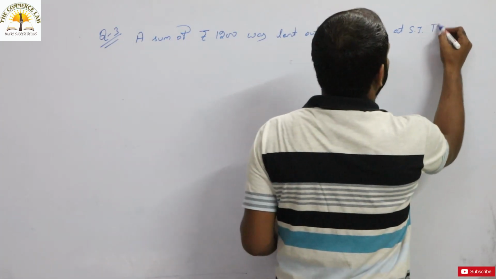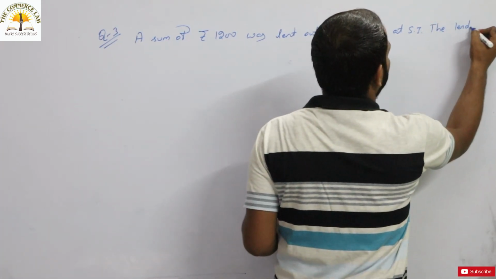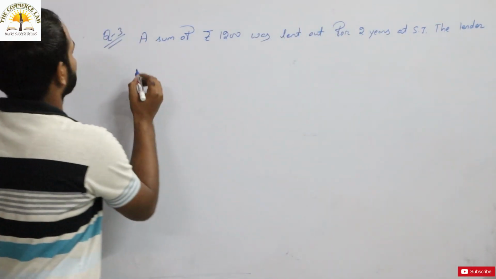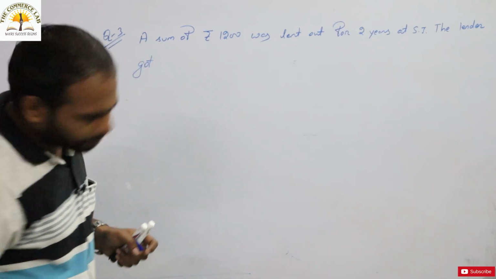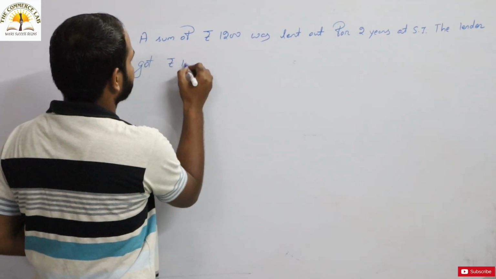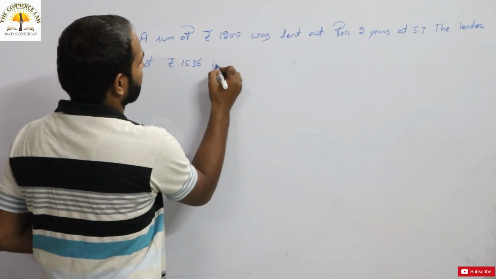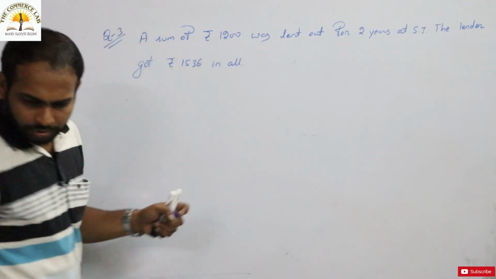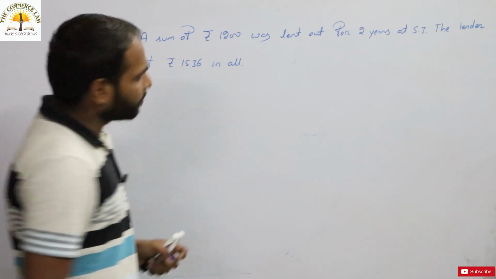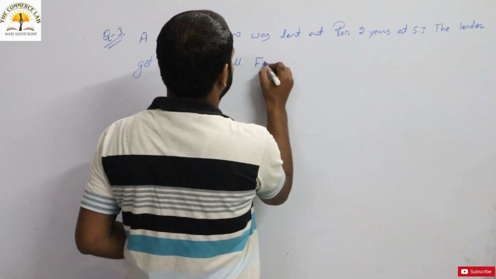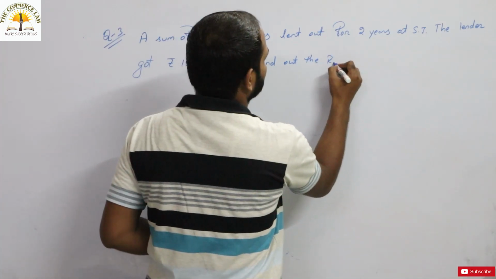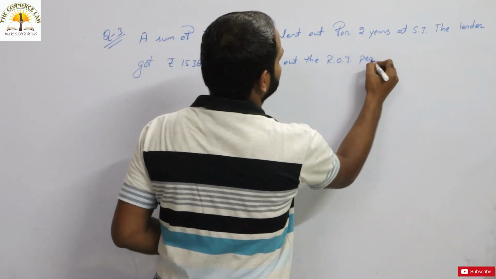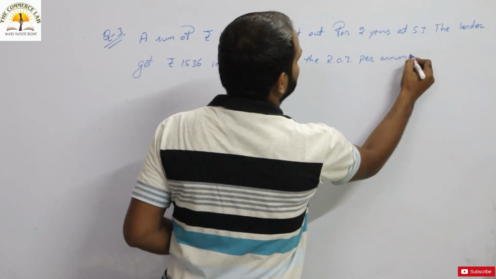The lender got 1,536 rupees in all. Find out the rate of interest per annum.